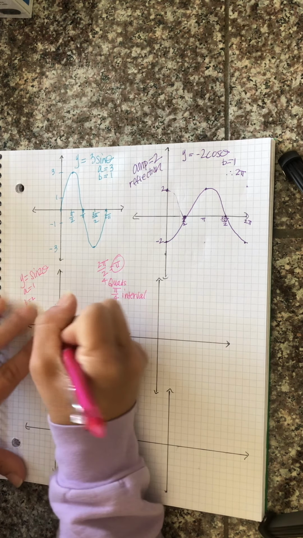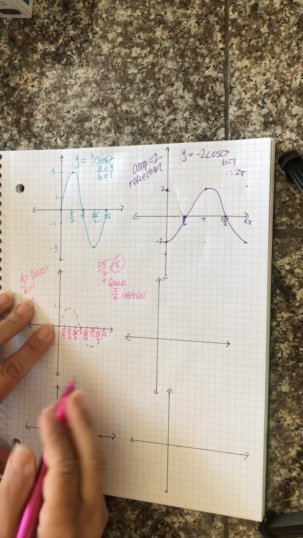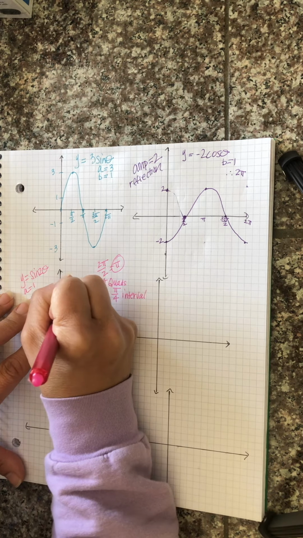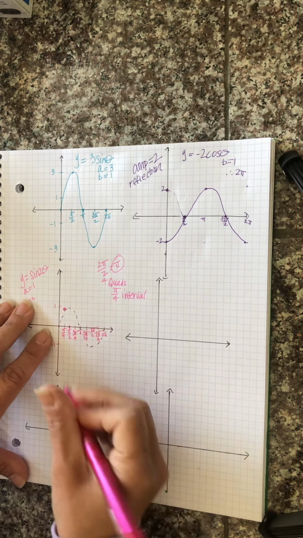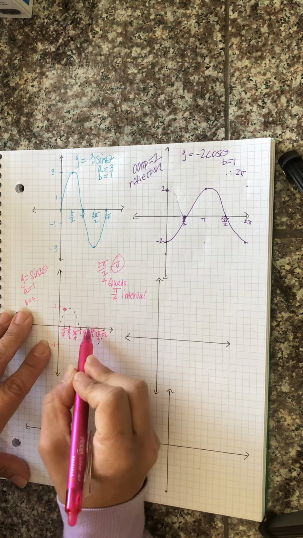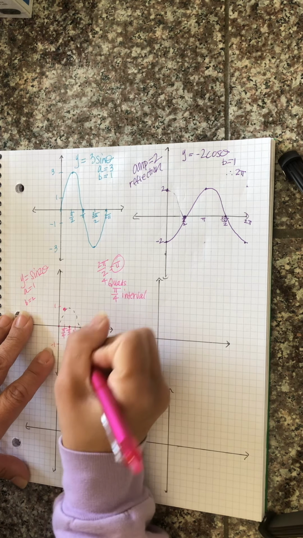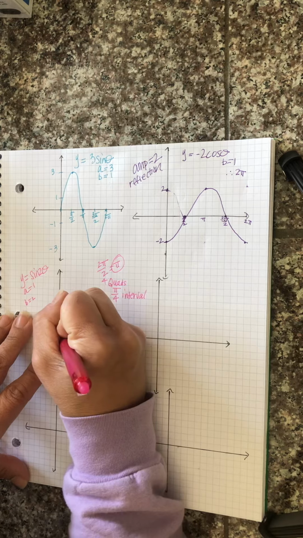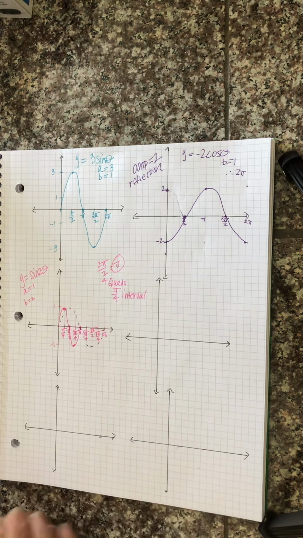All right, so now I'm going to graph this. It's going to start at the origin, and instead of reaching its high point at pi over 2, it's going to reach its high point at pi over 4. Then it's going to hit the x-axis. And instead of reaching its low point at 5 pi over 4, it's going to reach its low point at 3 pi over 4. Here is my first wave.